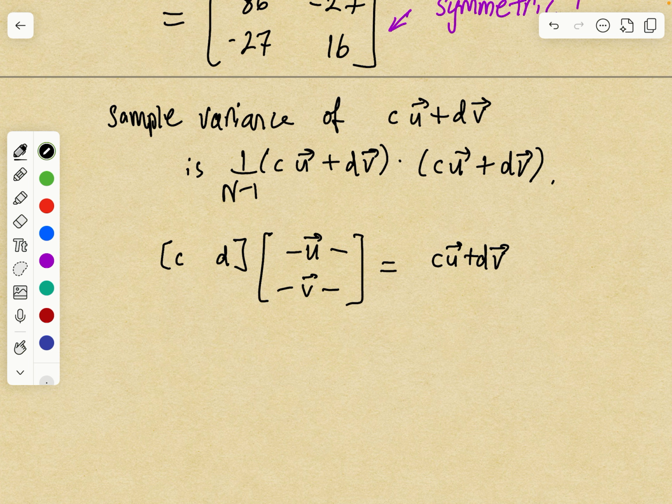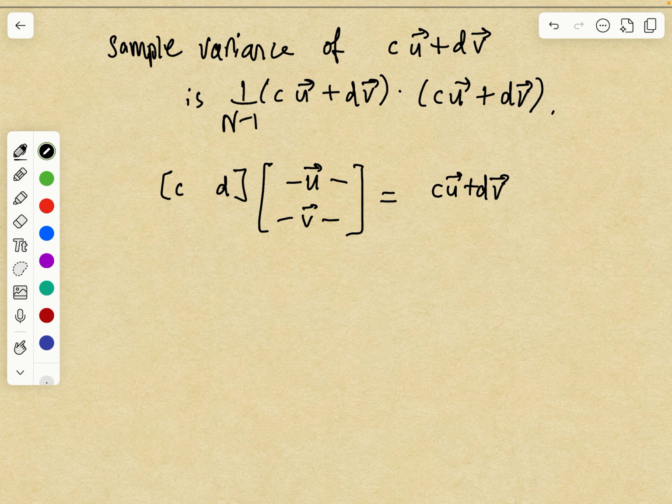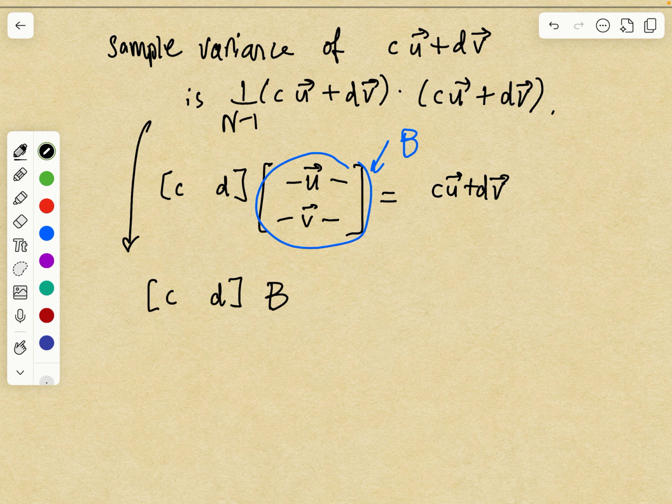So here I'm thinking of these as rows, right? And therefore the sample variance of cu plus dv, with this matrix with rows u and v being B, is the same as CD times B.